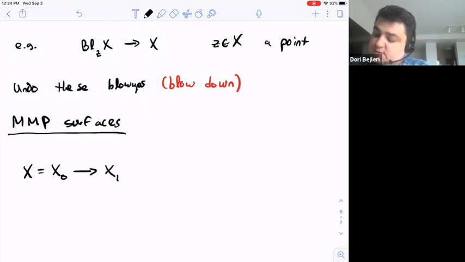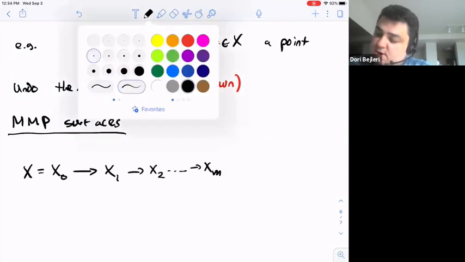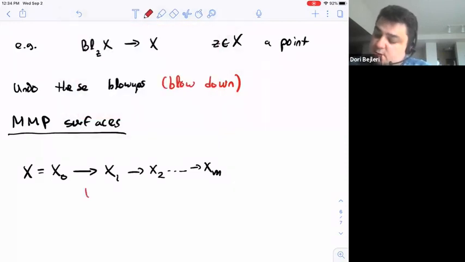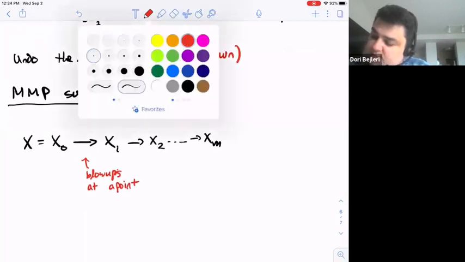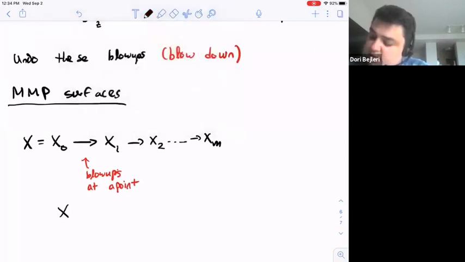So X0 to X1 to X2 down to something XM, where each of these are blowups at a point. And this final XM has the property that it's not the blowup of any smooth projective surface.